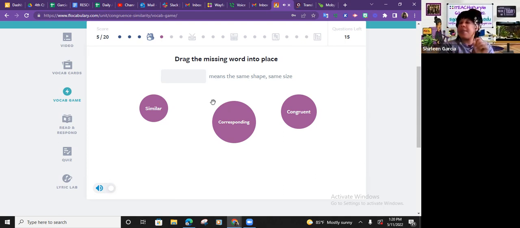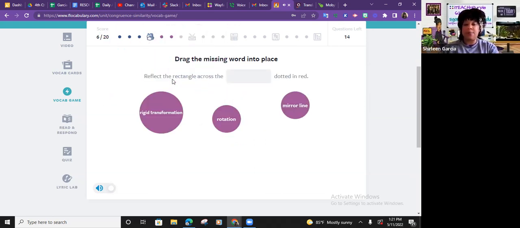Similar can mean they are the same shape, but not the same size. Corresponding means the location. So if a shape is the same size and the same shape, it is congruent. Congruent is the same shape and the same size.